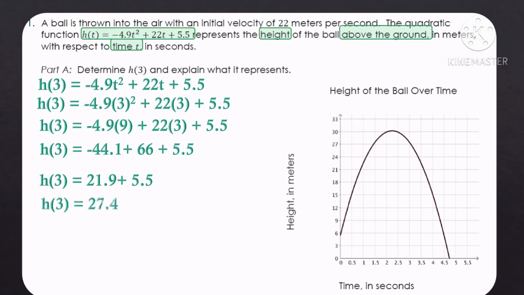So, yes, we found what h of 3 is, but it says explain what it represents. Remember, when we plug this in and get a value, that's telling us our y. Go look at our graph. What is our y? Our y is height. What was our x? Our x was time. In this example, our x was 3, and our y is 27.4.